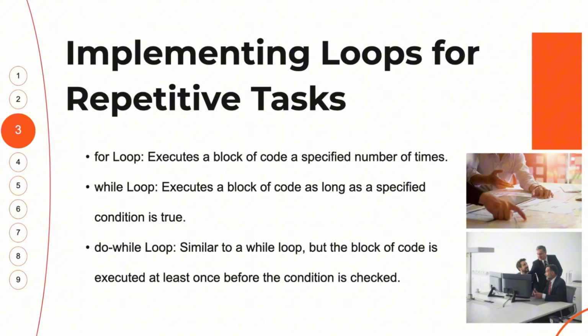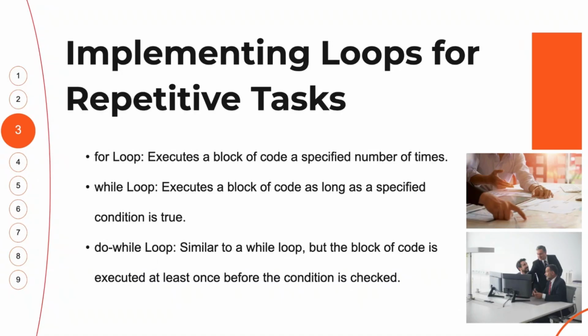Implementing loops for repetitive tasks. We have a for loop, and the for loop executes a block of code a specified number of times. So it keeps executing this code for the number of times that you specified. While the while loop executes the block of code as long as the specified condition is true.